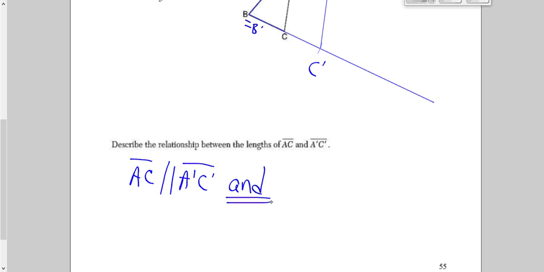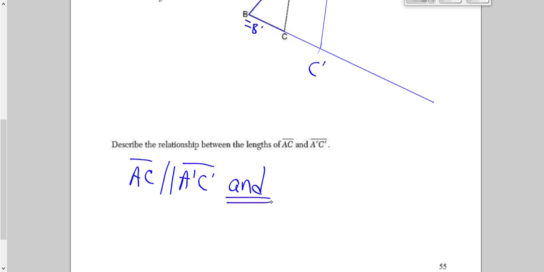We doubled the size, so I doubt they're congruent. The questions are not about the angles. Look at the questions, they're about the two segments, right? What else do we know about how the two segments relate?